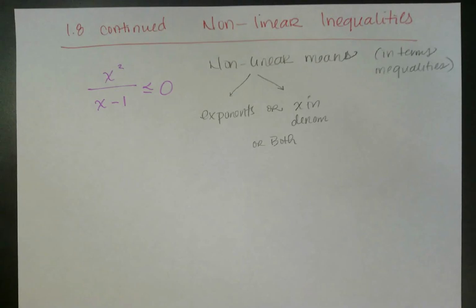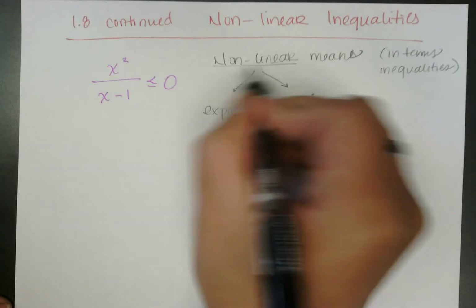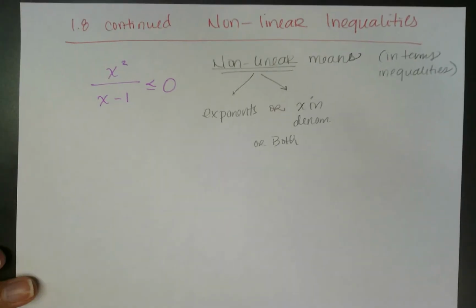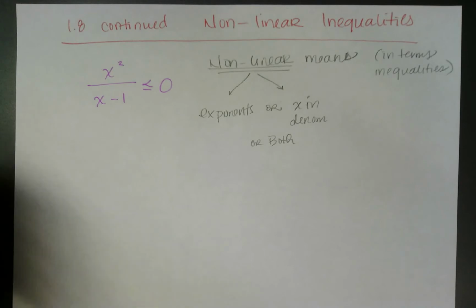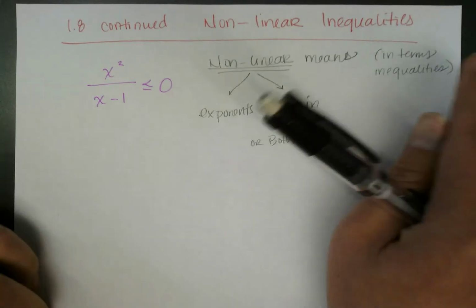You have to know if you're dealing with a nonlinear situation. You either have exponents or an x in the denominator, or you got both, unfortunately. So that's what makes it nonlinear in terms of an inequality.